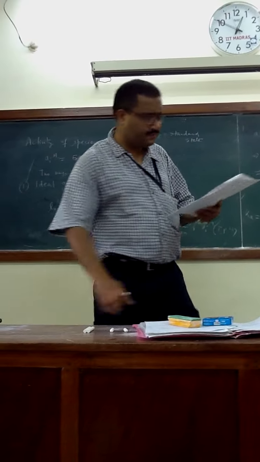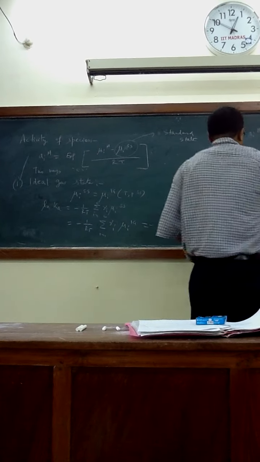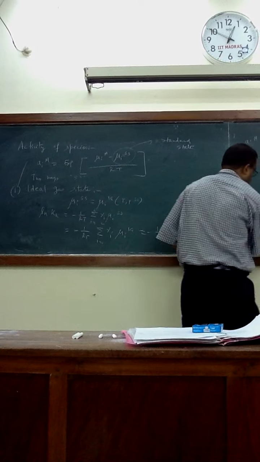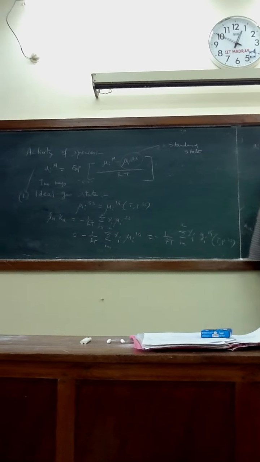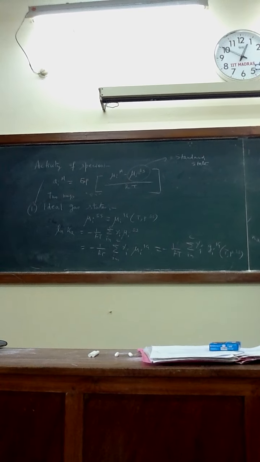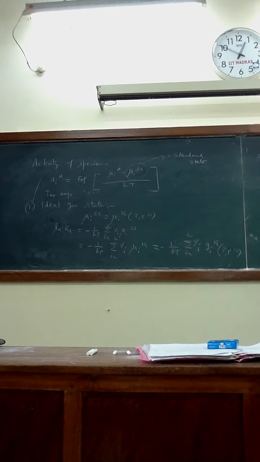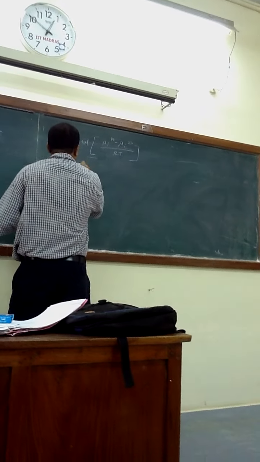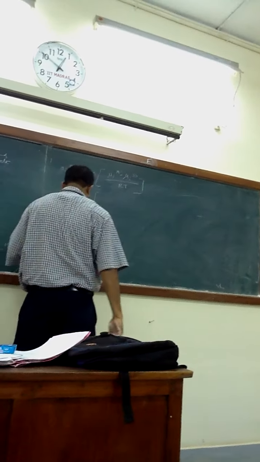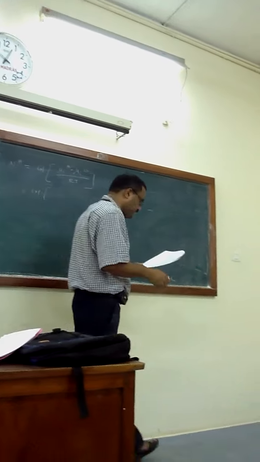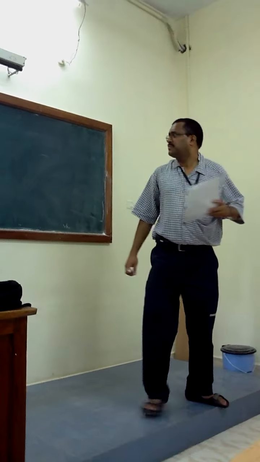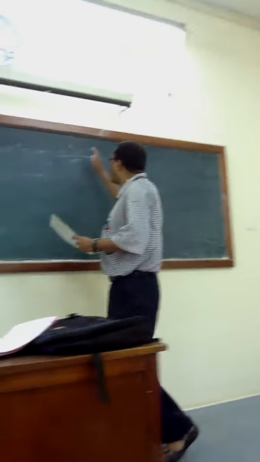Now we look at activities AIM based on the first definition. Based on the first definition, what can we write? This has mu IM and mu IG.